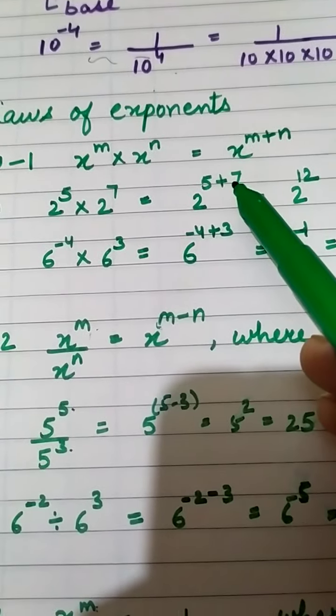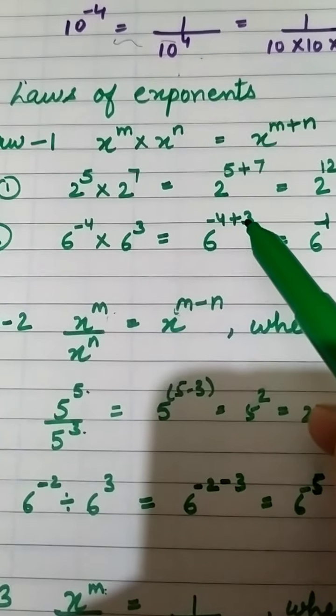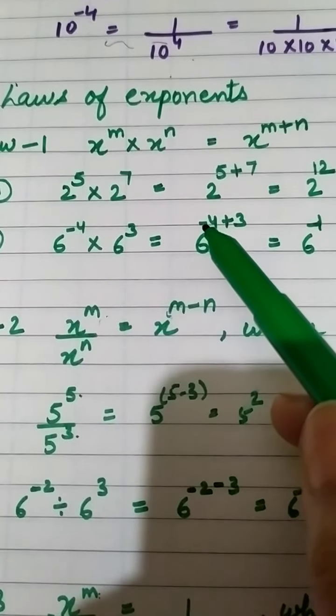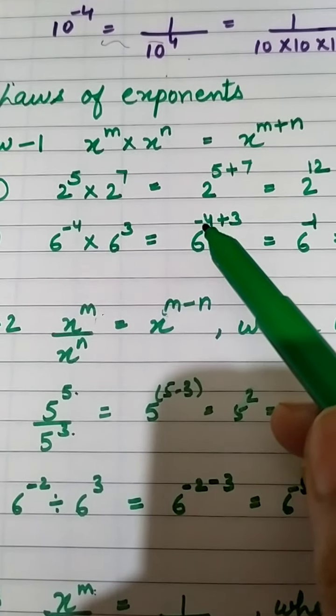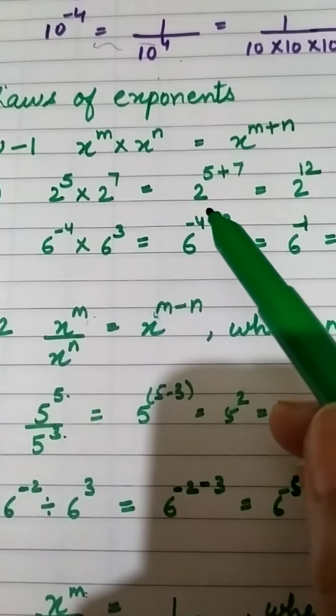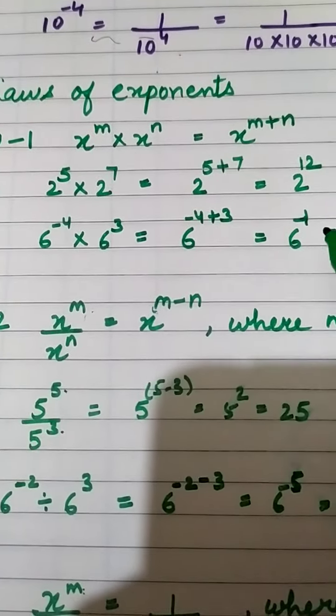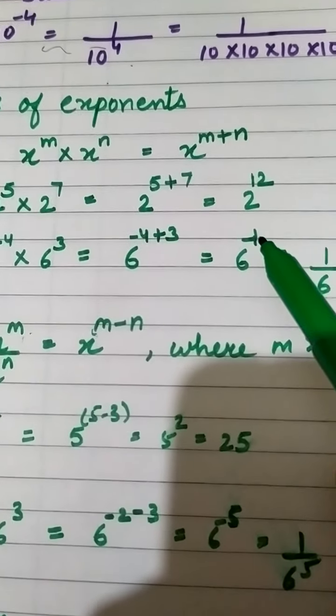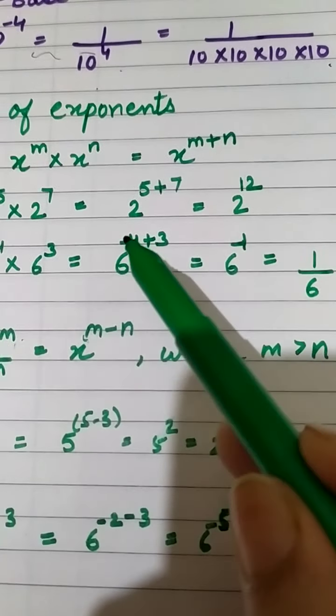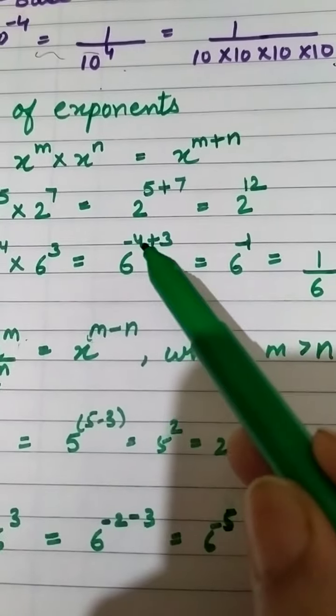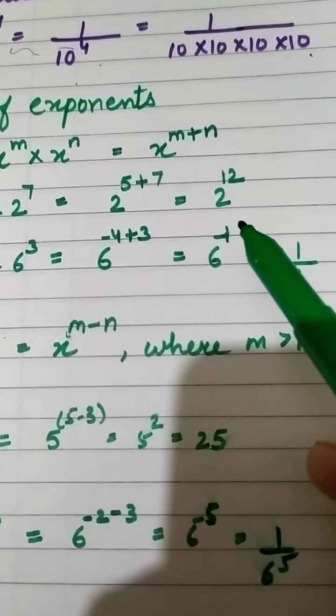Let us take one negative example: 6 raised to the power minus 4 multiplied by 6 raised to the power 3. We have to add the powers, so 6 raised to the power minus 4 plus 3. Children, one is negative and one is positive, so minus plus gives minus. 4 minus 3 is 1, and the sign will be that of the greater value, so 6 raised to the power minus 1.